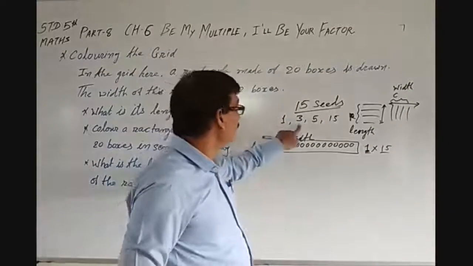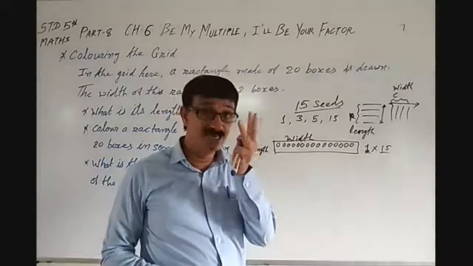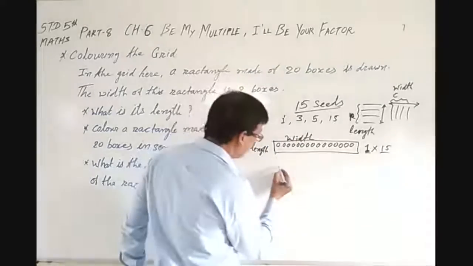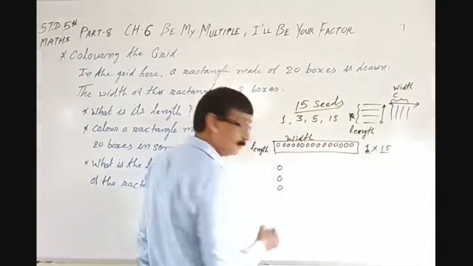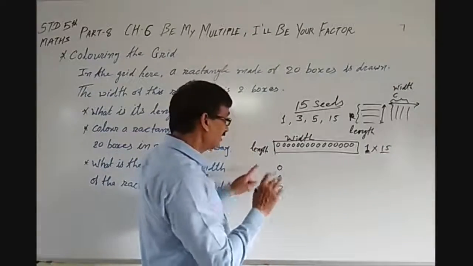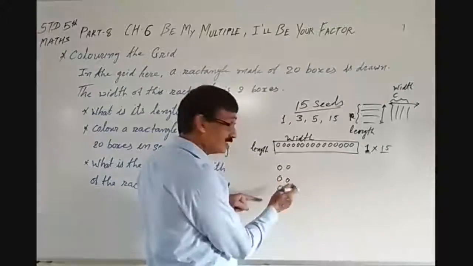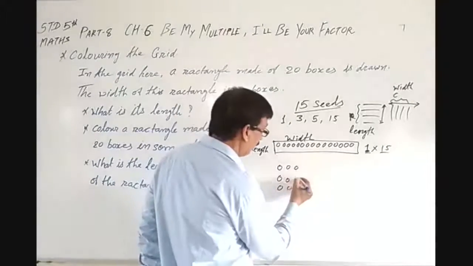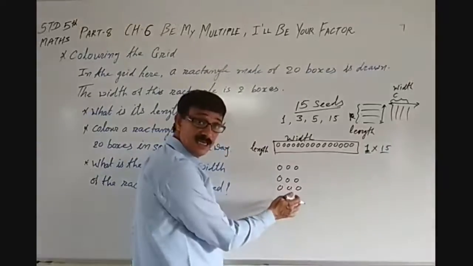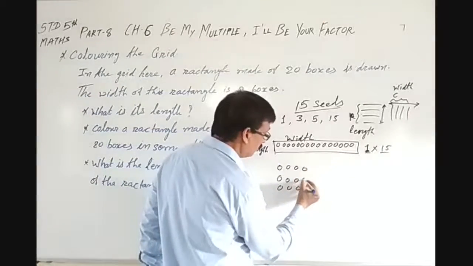Now, if there are 3 rows, then let's go for 3. 1, 2, 3. 3 rows. Once again arrange them. 3. 1, 2, 3. 3 plus 3, 6. 1, 2, 3. Plus 3, 9. 1, 2, 3.